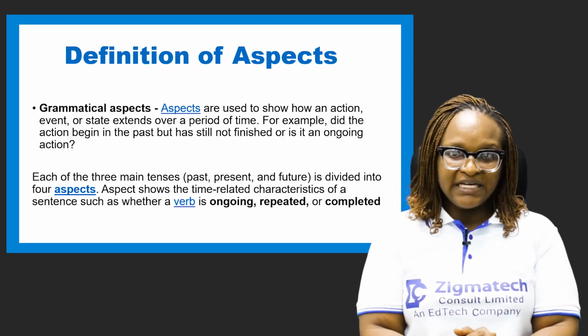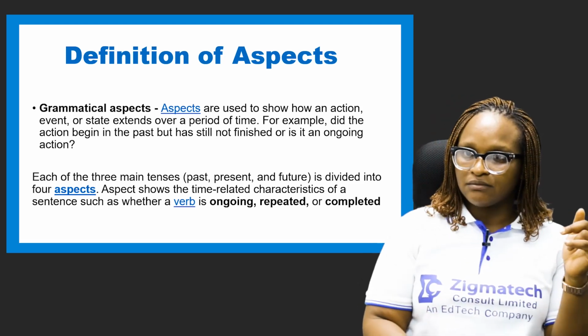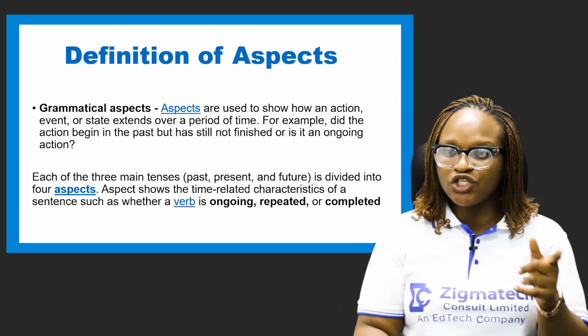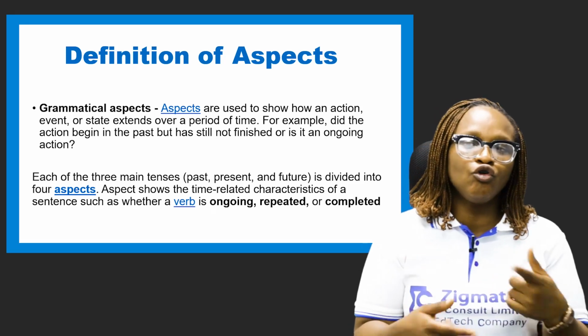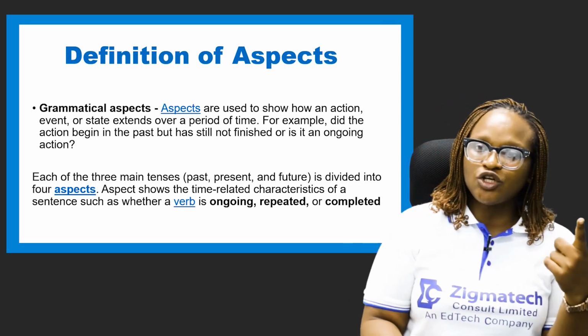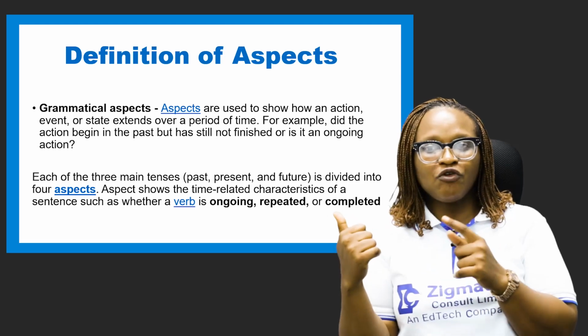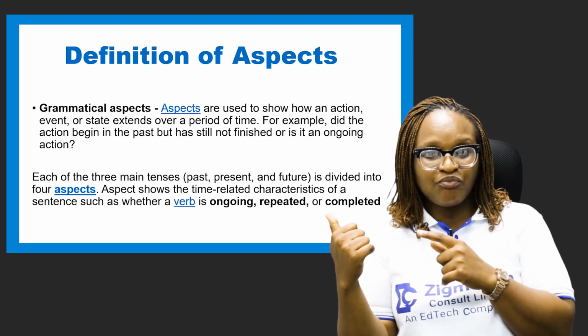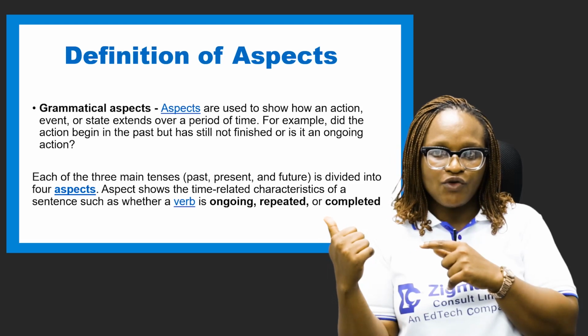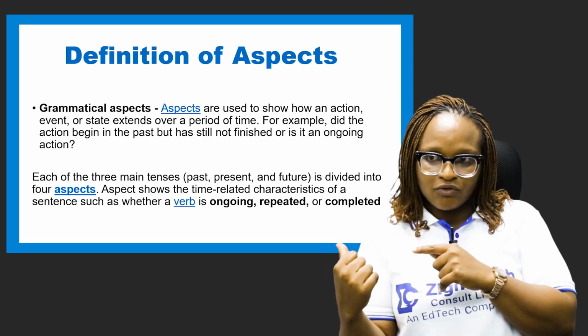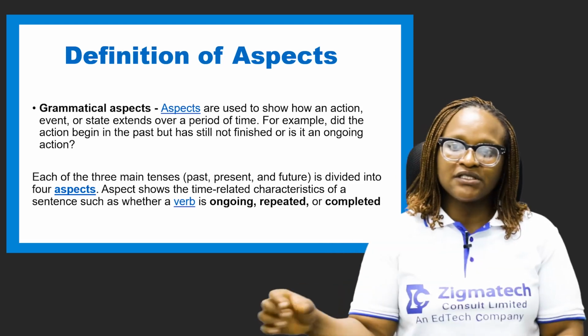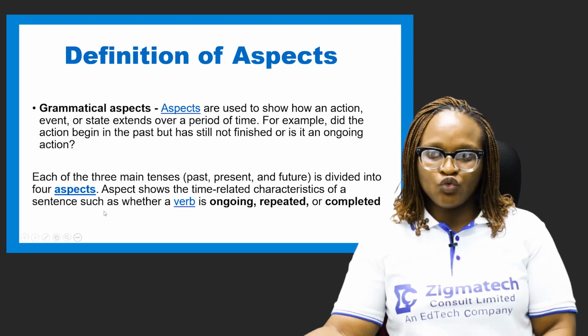For example, did the action begin in the past but has still not finished, or is it ongoing? Did the action begin in the past, and still has not finished? That's the present perfect. All right, that's ongoing, that's continuous tense. So these are the things we'll look at.